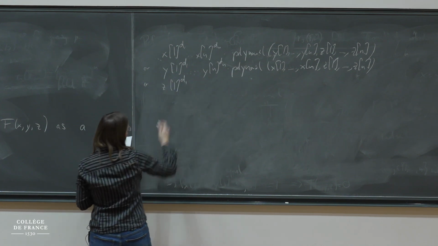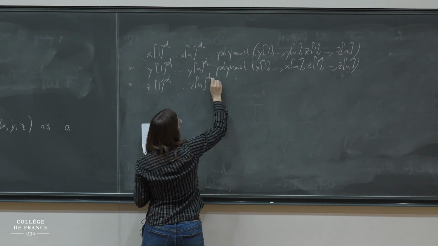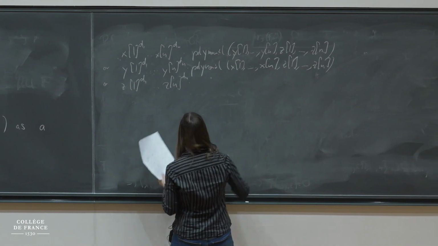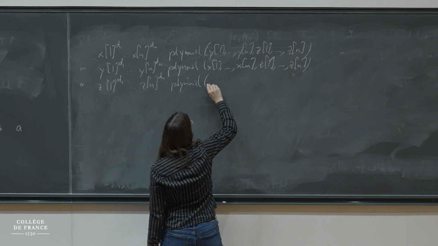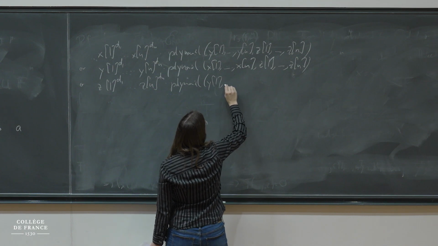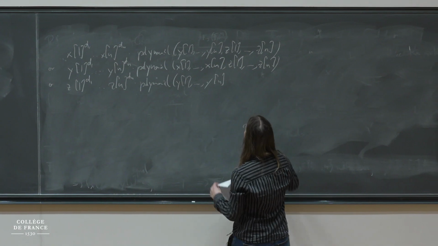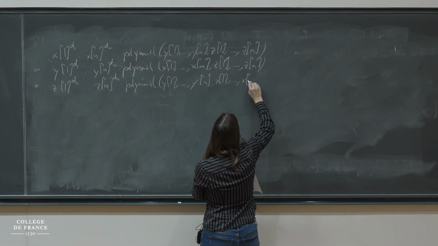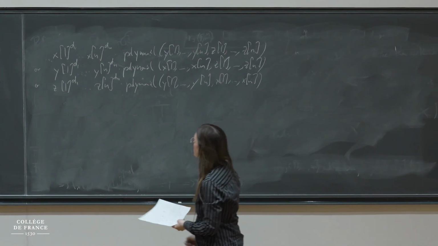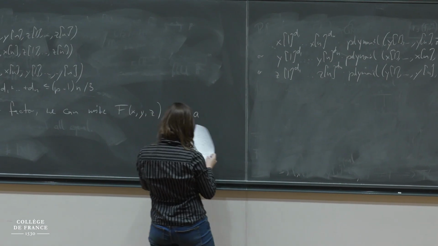And then the third type is again the same as z here in the first factor. Okay, so we get terms of this form with again the same constraints on D.